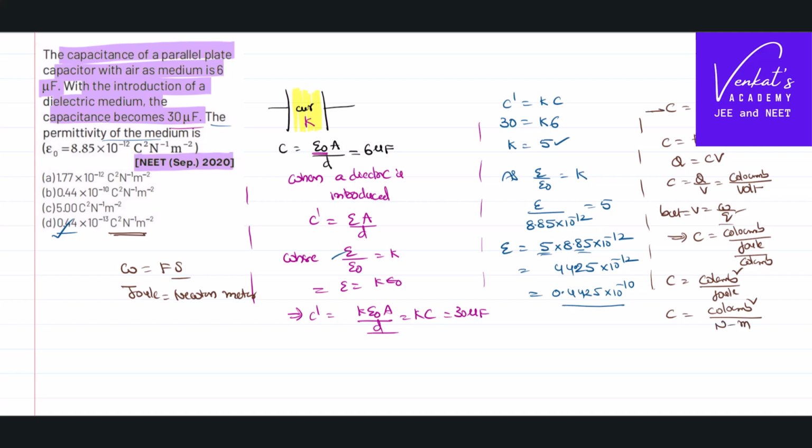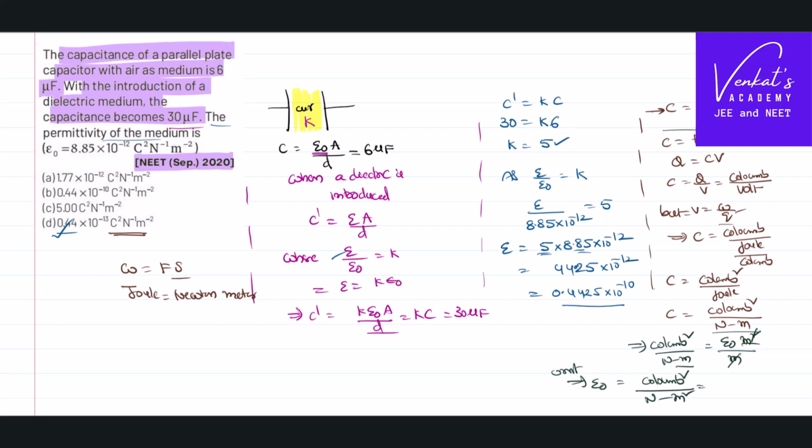Knowing the unit of C, let us substitute it here. As C equals epsilon naught A by D, in place of C I can write coulomb square by newton meter. The unit of epsilon naught I have to find out. Area means meter square, distance is meter, so one meter will cancel. That implies the unit of epsilon naught is coulomb square by newton, one meter and one more meter, meter square.